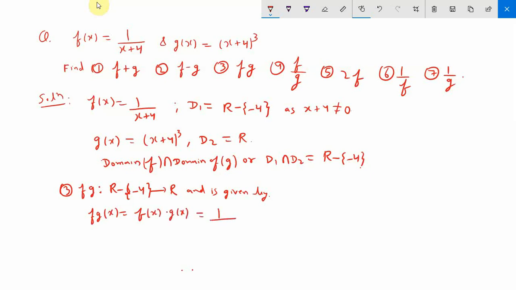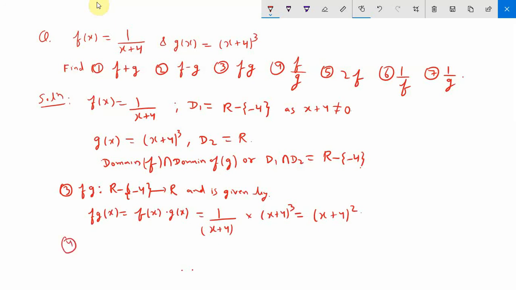It will be 1 by (x plus 4) into g(x) is (x plus 4) whole cube. Okay. So from this we will get (x plus 4) square.